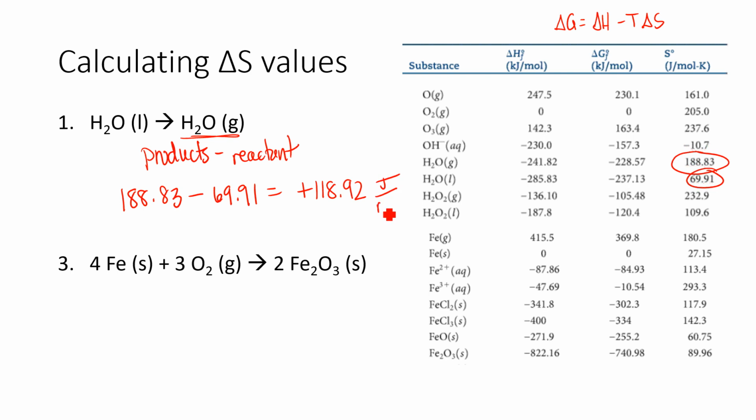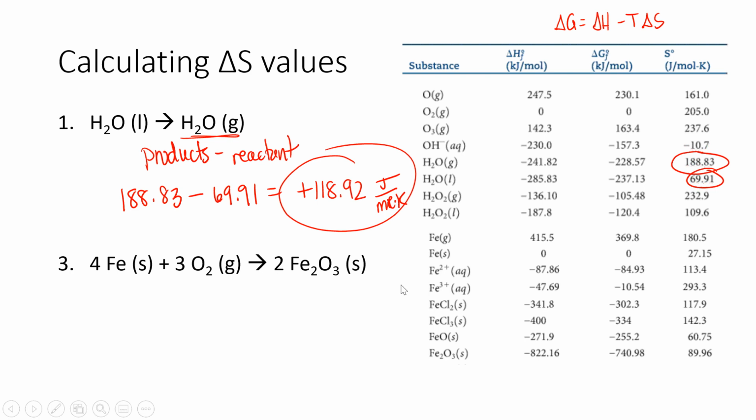The units are joules per mole Kelvin. So notice how my entropy change is positive. That matches our prediction. We're going from a liquid to a gas. It is more disorderly. So notice our gas has more entropy than the liquid state did.